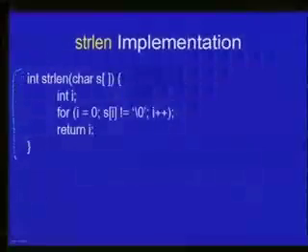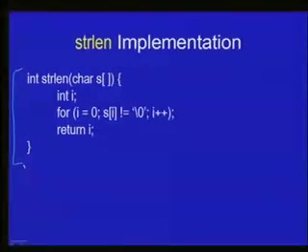So here is the first version of our string length implementation. We are actually using the pointer which is passed to the function as an array, using the array notation. So this loop initializes i to 0, and then as long as s[i] is not equal to the null character, it increments i.